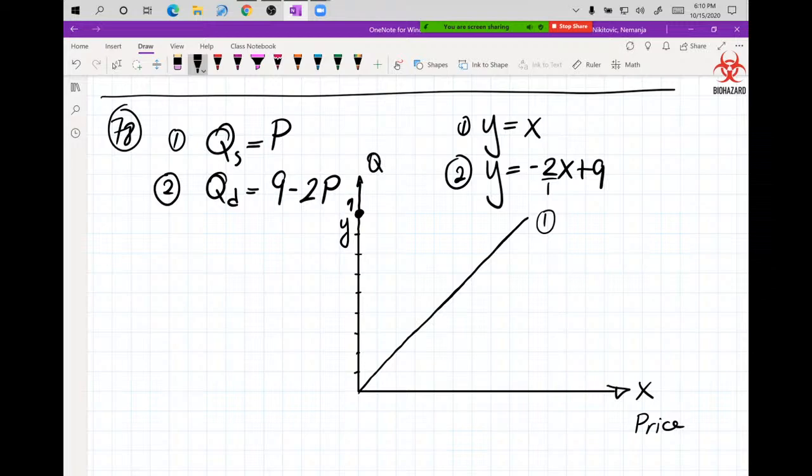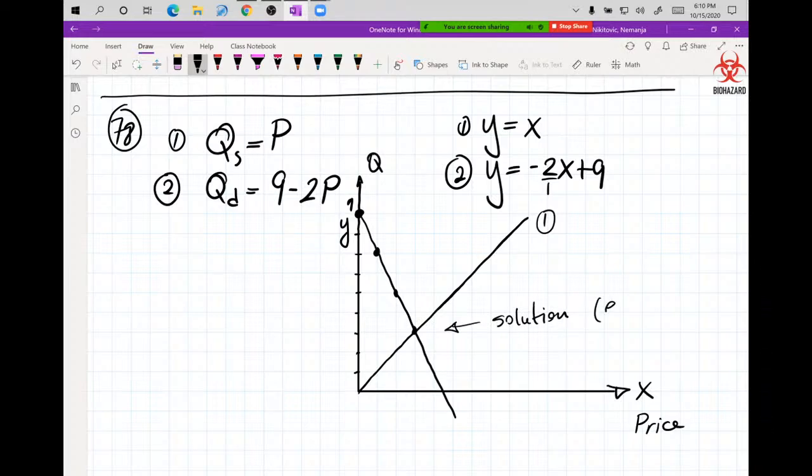And then we are going to drop down 2, go over 1. Drop down 2, go over 1. Drop down 2, go over 1. And we draw this thing like this. This point here is the solution point.